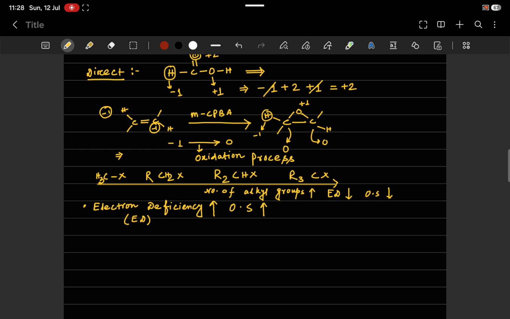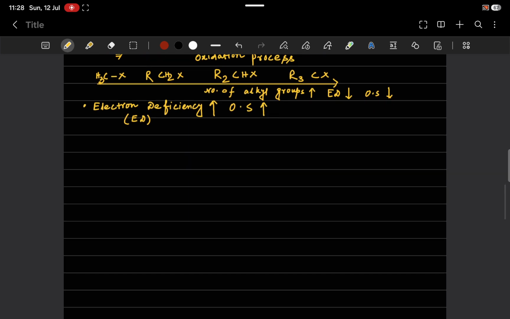So from this concept, if we extrapolate it, let's try to find the oxidation number of a very common molecule. Let's say if I ask you H2O2, what should be the oxidation number?